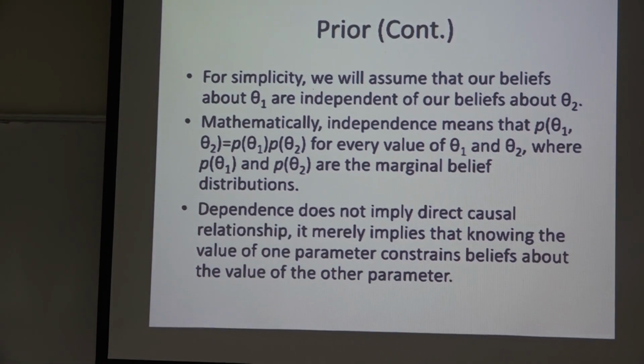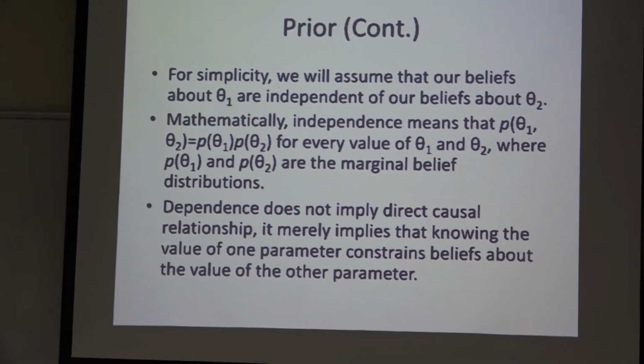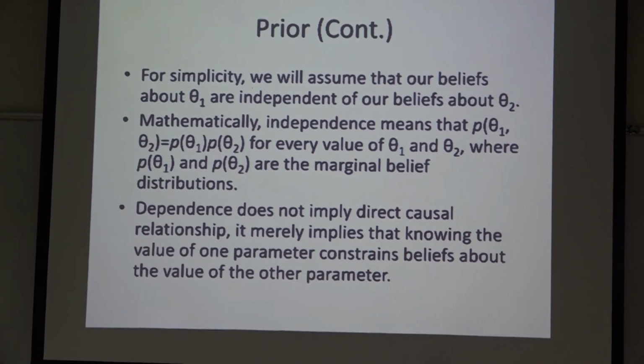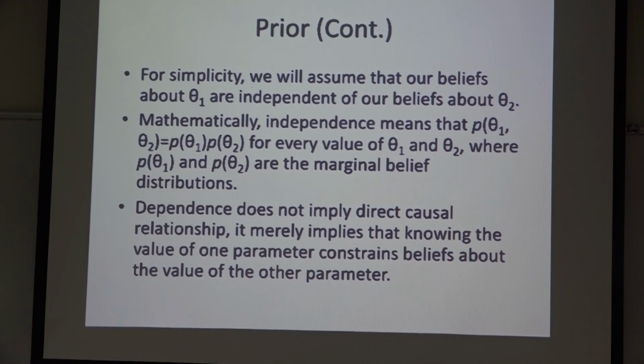And this happens all the time, because, well, consider coin flip. If you have an underlying probability for the first coin, the probability of the first coin should be independent of the probability of the second coin. Same thing applies to the drug and placebo, right?